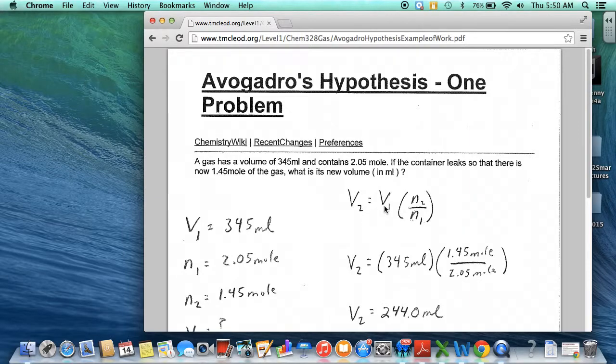Well, V2 better be V1 times the ratio of the moles and how the moles are changing. So really, the only thing you have to know is if V1's on the top, you need to know where you put N1. Well, since they're directly proportional, if V1's on the top, N1 must be on the bottom.